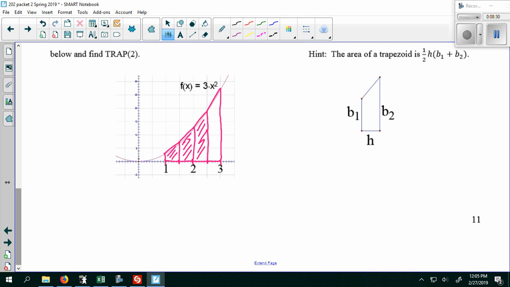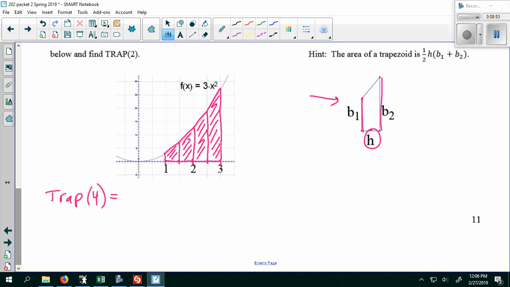And then I have written down the area formula for a trapezoid over here. The area is 1/2 h, where h is going to be the width of my intervals, times base 1 plus base 2. And my base 1 and my base 2 are going to be function values. Okay, so trap 4.